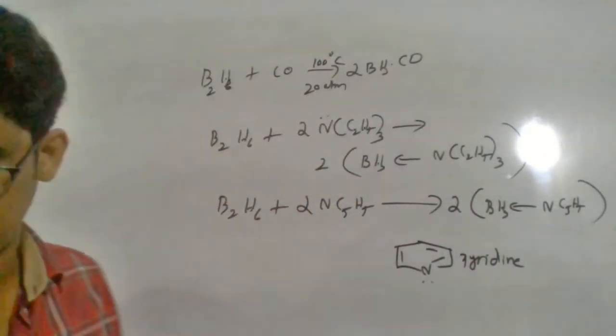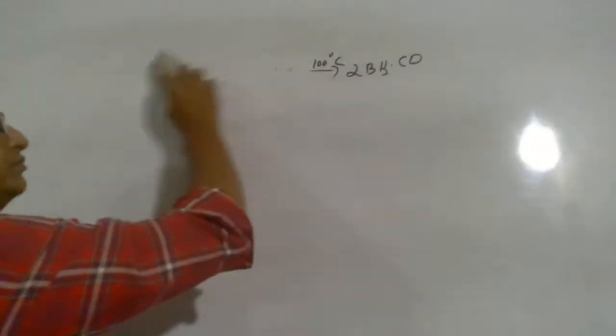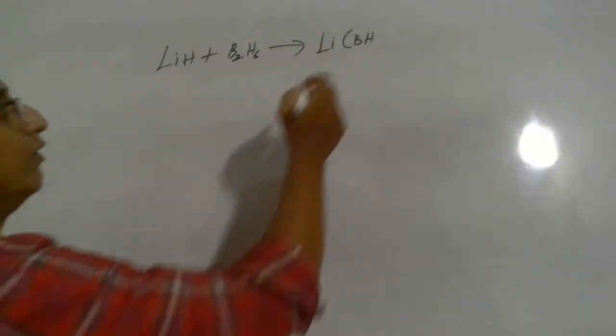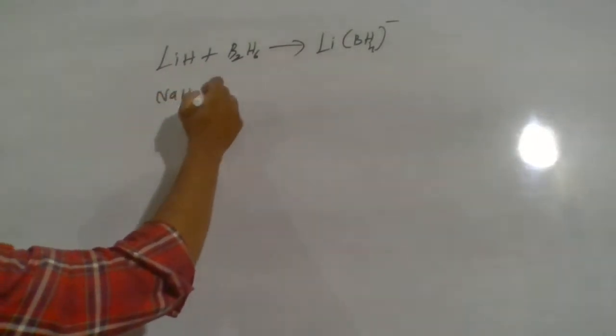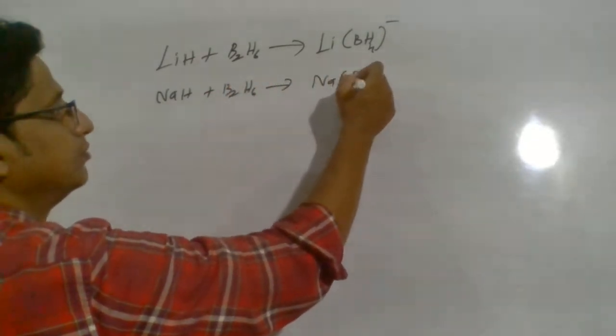Similarly, talking about the reaction with metal hydrides. When diborane reacts with a metal hydride like lithium hydride, you get metal borohydrides like lithium borohydride, LiBH4. Similarly, with sodium hydride, sodium borohydride will be formed.